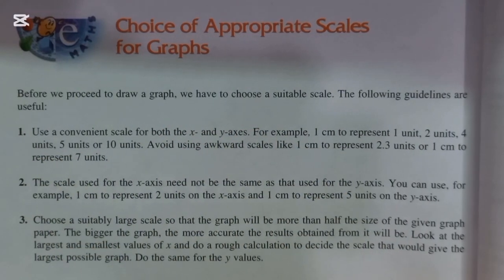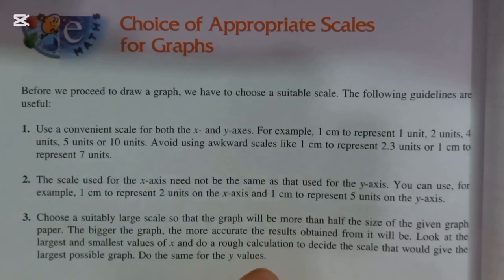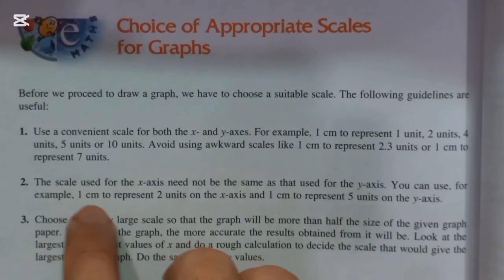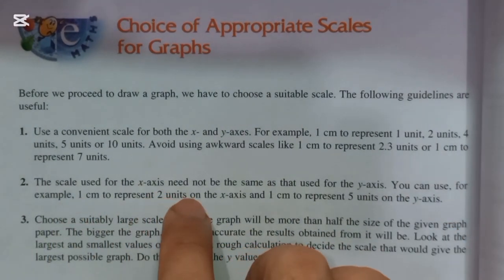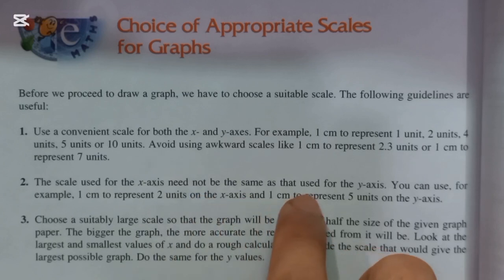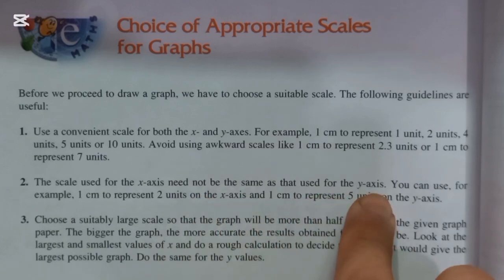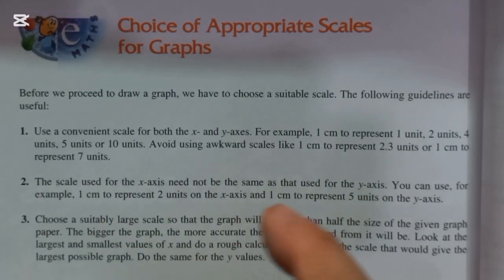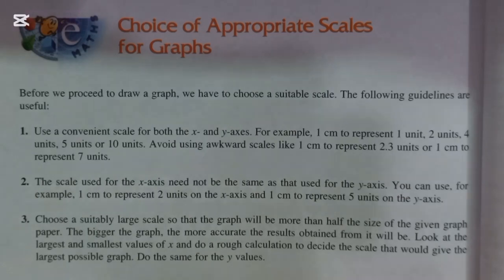Okay, the next point that is very important for you is that the scale used for the x-axis need not be the same as that used for the y-axis. This is a very important point. You may choose the same scale for both axes, that is y-axis and x-axis, and you may choose different scales as well.